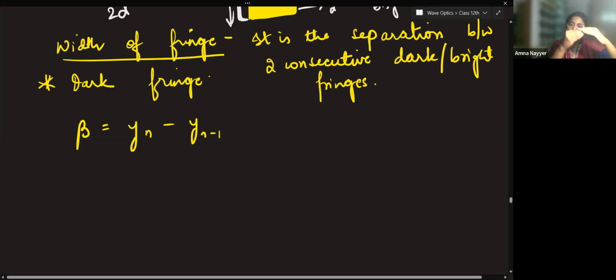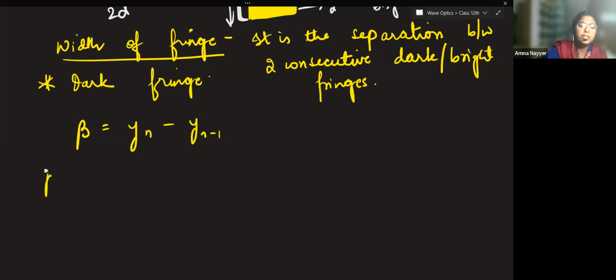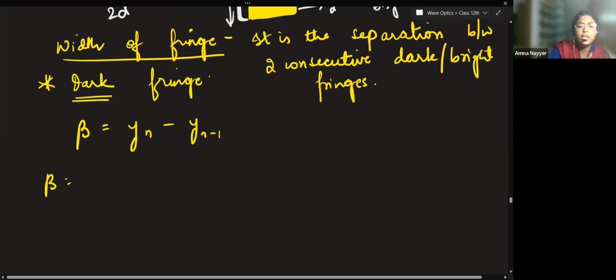Like 3 minus 1, that is 2. The final formula will be the same for dark and bright fringe. For bright one, you can calculate after the class. You'll see both answers are the same. In the exam also, if bright is specifically asked, you have to do the same thing to show the derivation.